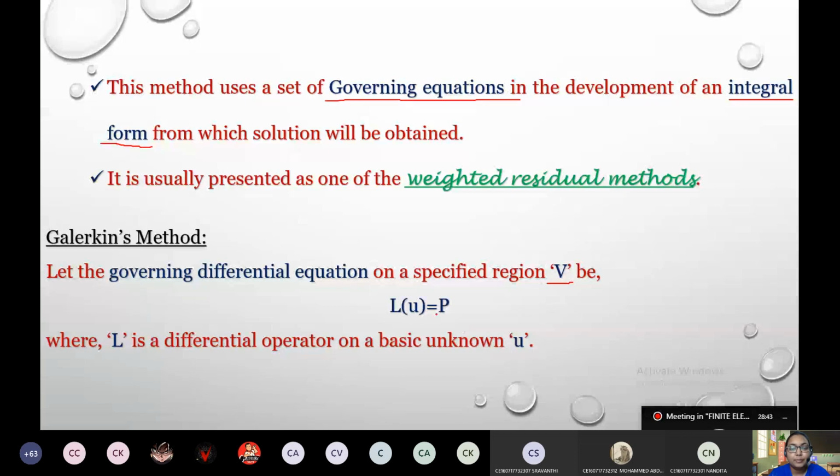And P will be the load factors that are acting on the member. You can consider that to be the work potential, as in the potential energy approach.